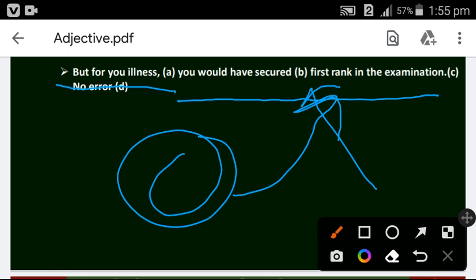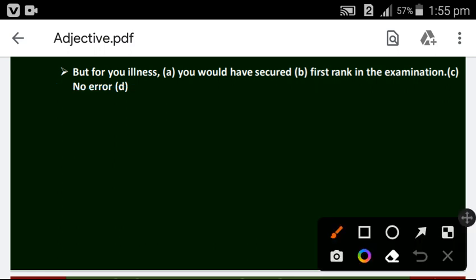So my sentence is going to be: but for your illness you would have secured the first rank in the examination, and this is going to be 100% correct.